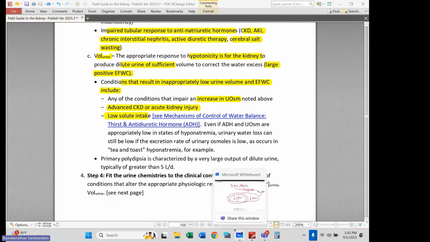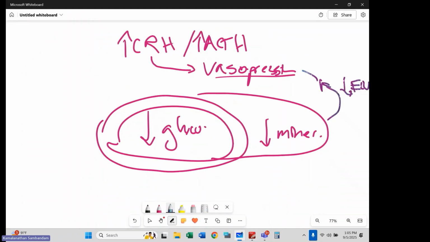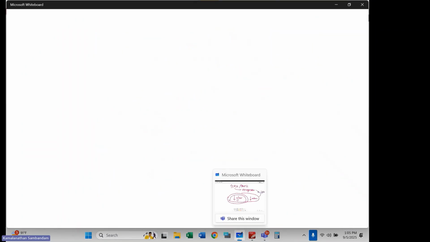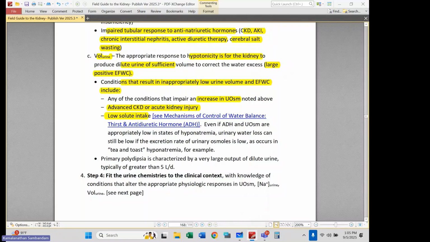We already went over that. I've erased it. Remember, urine volume is equal to my osmolar excretion in the numerator over my osmolality. So this is the principle that underpins the tea and toast hyponatremia.